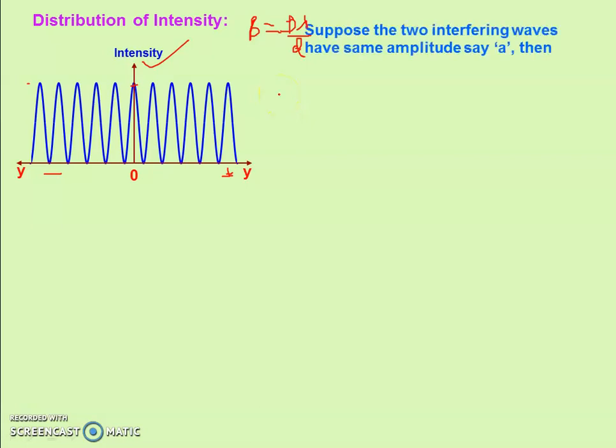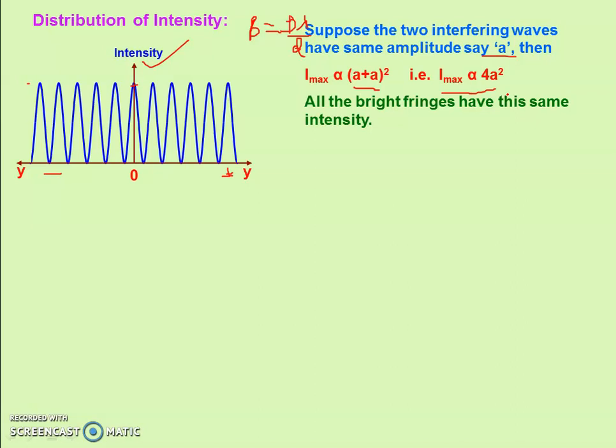Now, if both the sources which are producing the light waves have the same amplitude, then what will happen? The maximum intensity will become (a plus a) whole square. It means I maximum will be directly proportional to 4a square, right? And in case of minimum intensity, it will be 0.